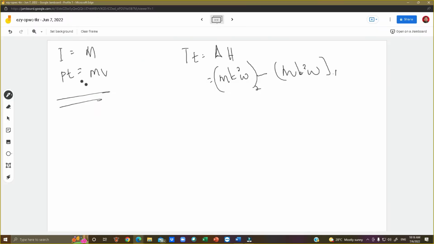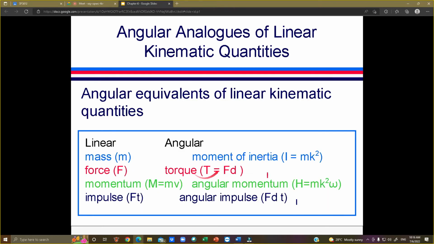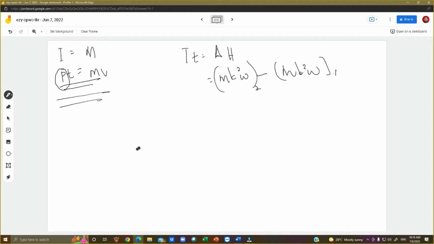Other than that, let's put this in form of angular. So we know in angular, force is torque. I have it written at the back actually. Force is torque. So angular impulse is torque and time. The same. So we have Ft linearly.